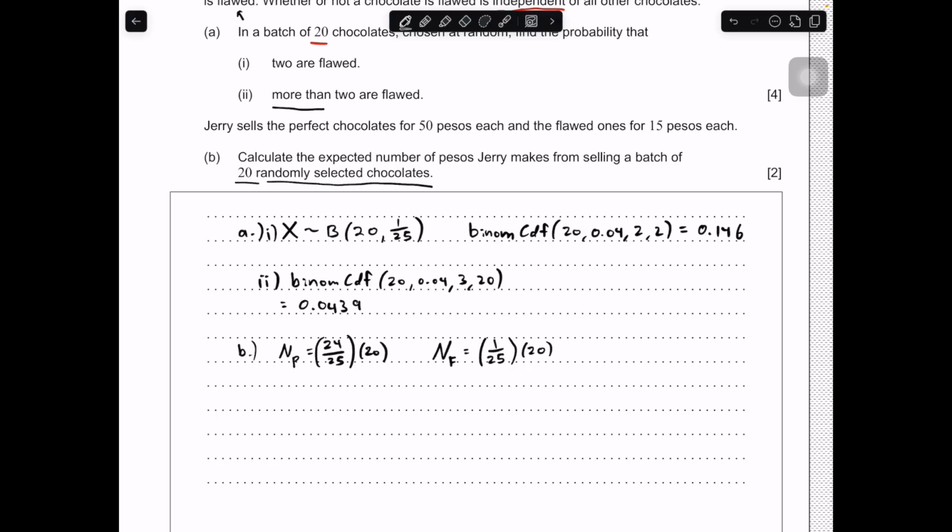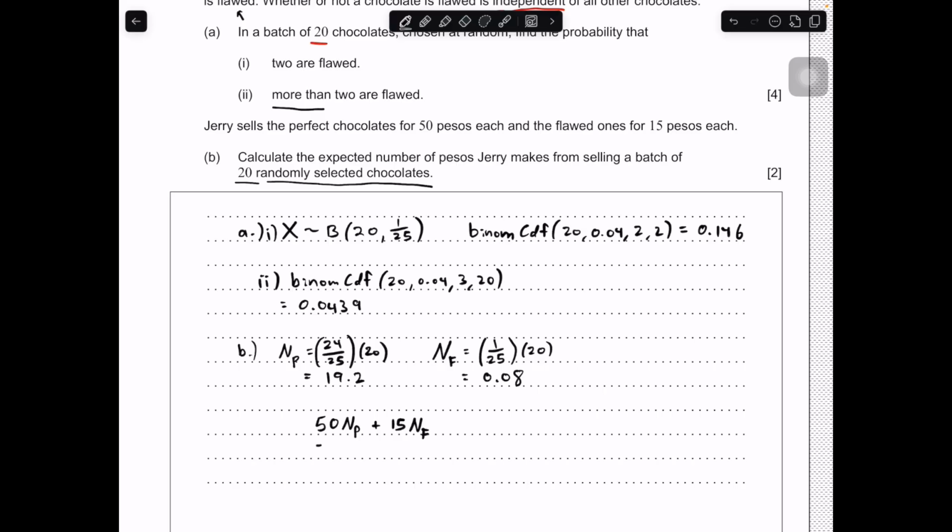So I'm actually going to work that out. Maybe this is a little longer in terms of its process than we need, but I think it's a clear setup, to be honest. So in this case, we would expect to have 19.2 perfect chocolates, and then 1 over 25 times 20, we would expect to have 0.08 flawed chocolates. So the amount of money that we earn is going to be 50 times the number of perfect chocolates, plus we get 15 pesos for the number of flawed chocolates.